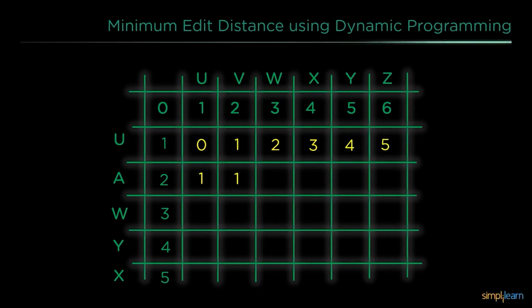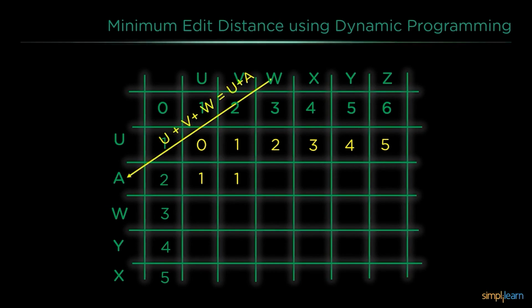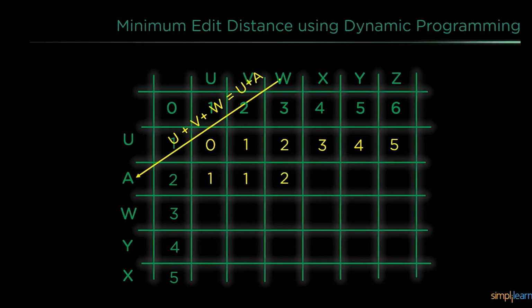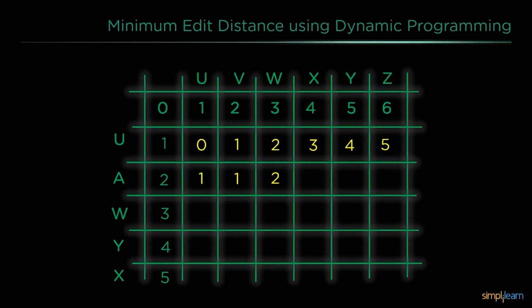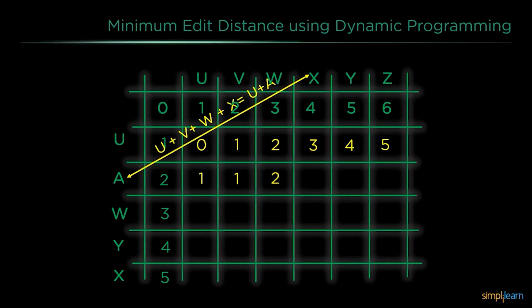Because we have U, V and W in string 1 and U and A in string 2, converting these characters would require two operations. Next we have U, V, W and X on the row side and U and A on the column side. These will require three operations to convert.